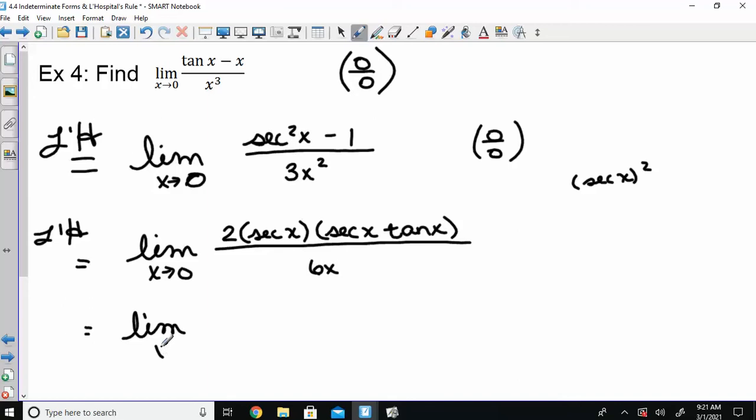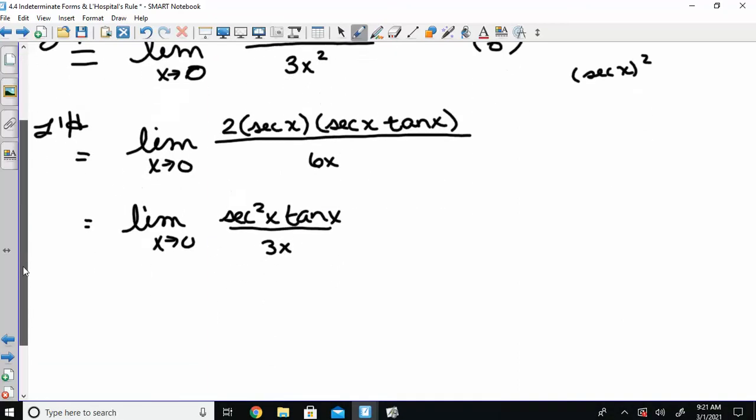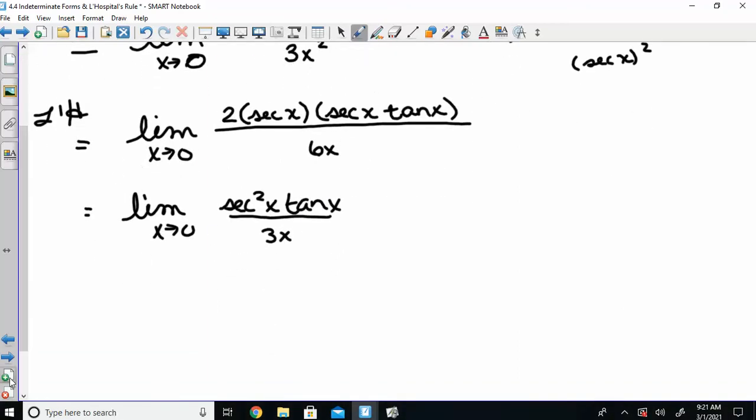So if I clean that up, 2 and 6 would reduce. Secant times secant tangent would be secant squared x tangent x. Okay.